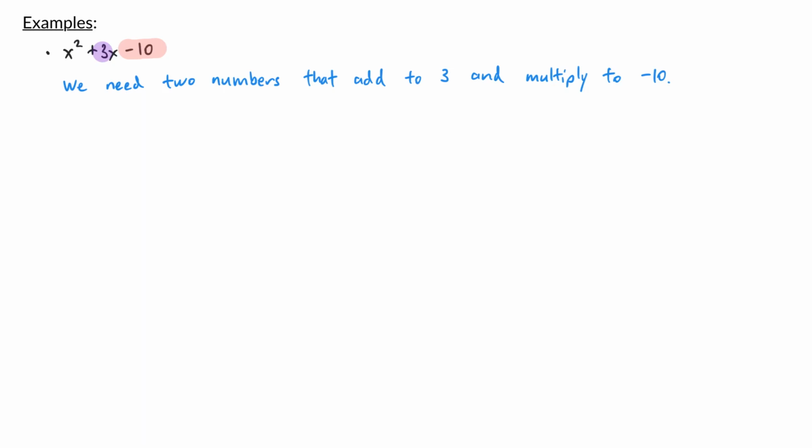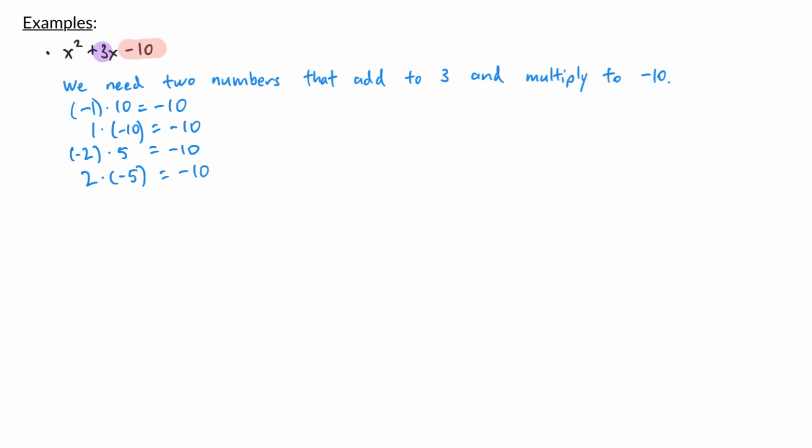We'll start by coming up with pairs of numbers that multiply to negative 10. For example, negative 1 times 10 gives me negative 10. And also, 1 times negative 10 gives me negative 10. We can also do negative 2 times 5. That'll give us negative 10. And we can also do 2 times negative 5. That also gives us negative 10.